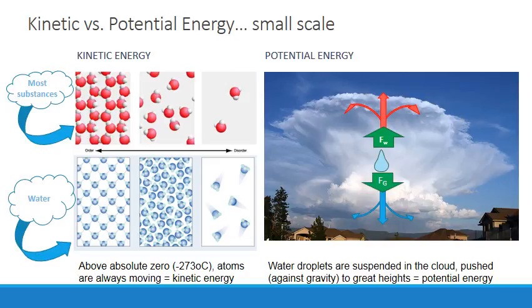Because of the Mickey Mouse shape of the water, one side of the molecule has a negative charge and one side has a positive charge. And that gives it a bipolar nature.